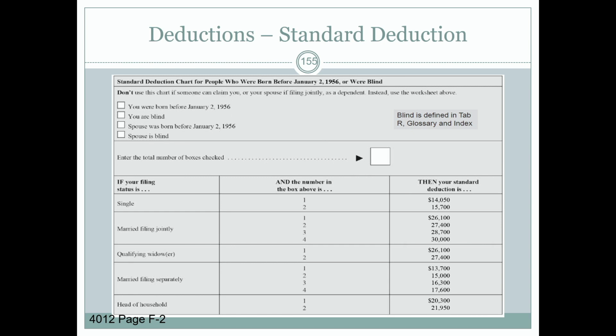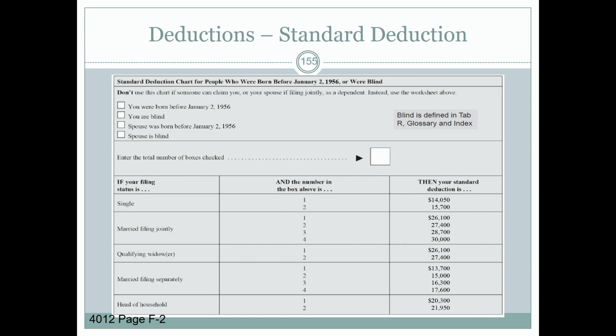You would check the box that was applicable, whether you were blind or born before January 2nd, or whether the spouse is blind or born before January 2nd, 1956. In the next box, you would enter the number that you indicated above, whether that's 1 or 2.